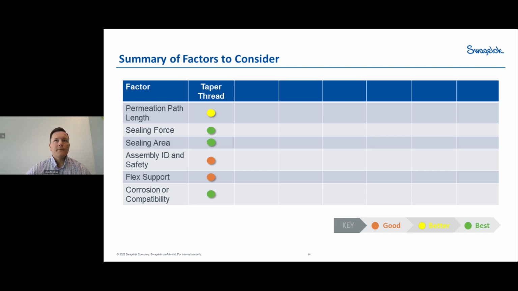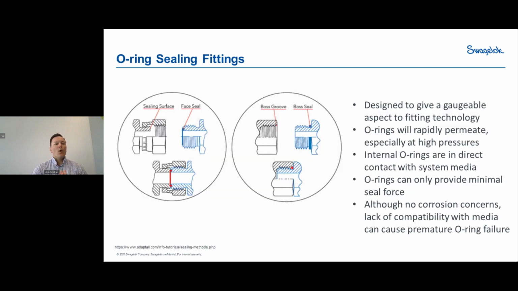So moving on, one of the technologies introduced to solve the problem of gaugeability, or being able to identify that a connection was made up correctly, is O-ring sealing fittings, right?